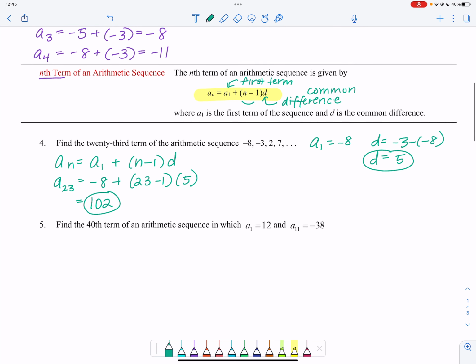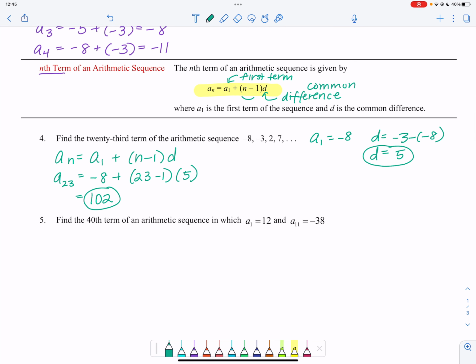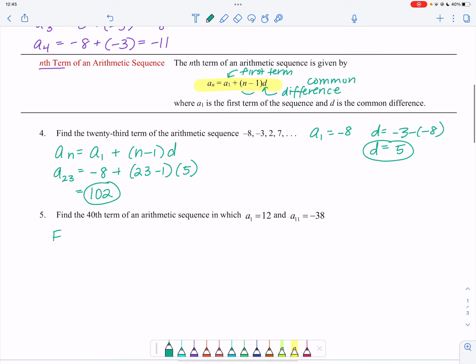Okay, let's find the 40th term of an arithmetic sequence in which a sub 1 is 12 and a sub 11 is negative 38. We need to first find d. Then we will find a sub 40.